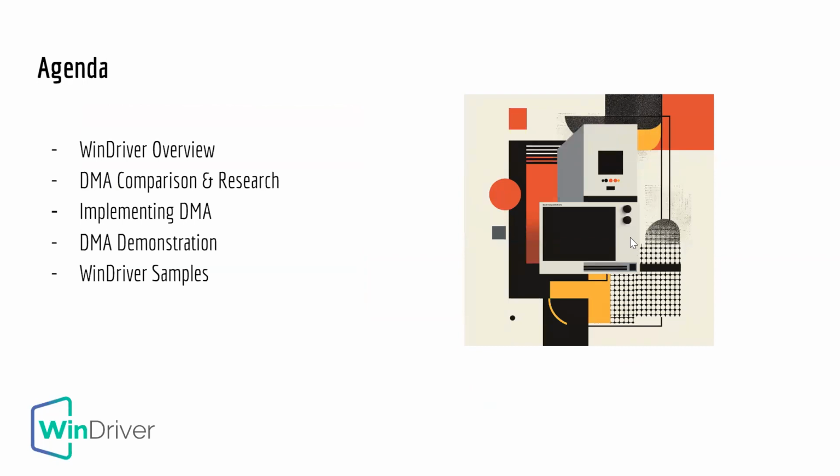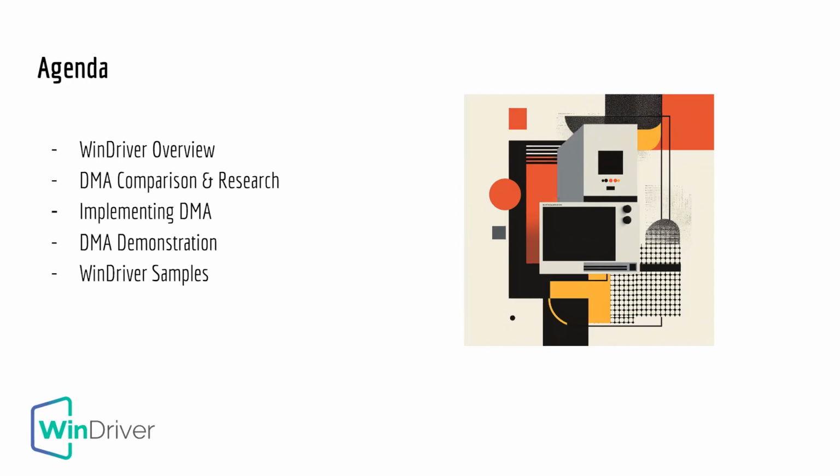So what's on the agenda for today? We will have a really quick WinDriver overview, not too deep, because this is not an introduction. We have an introduction webinar for WinDriver. We will see the DMA comparison and research after reviewing the components of the DMA, and then the research will make sense. We will then see how to implement DMA using the XDMA sample.